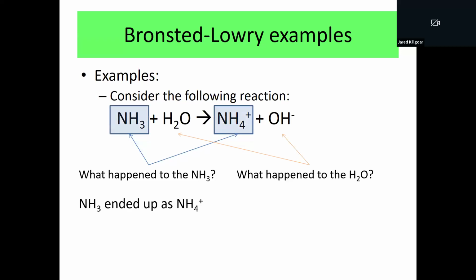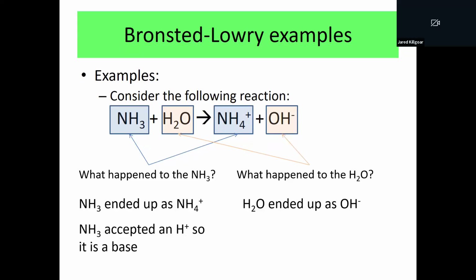Now, how did that happen? Well, NH3 started with one N, 3 H's, and ended up with one N, 4 H's, and a positive charge. H2O started with 2 H's and an oxygen, and it ended with one oxygen, one hydrogen, and a negative charge.